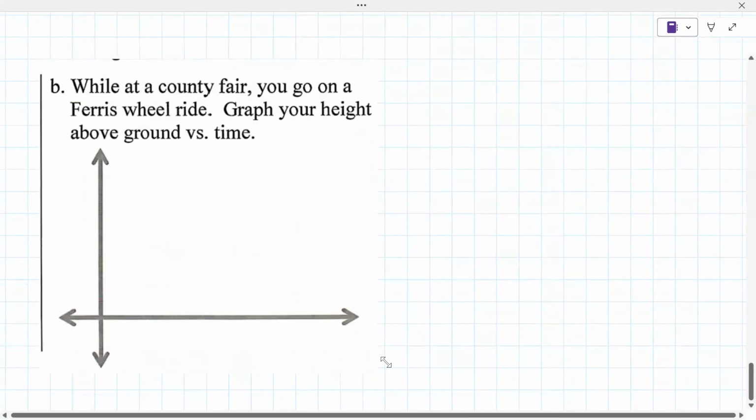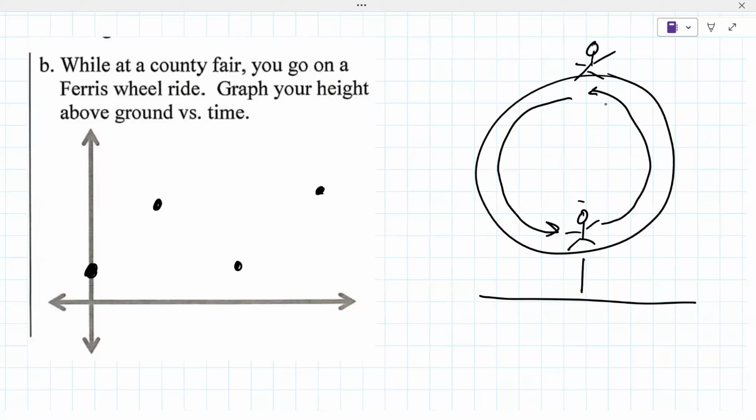And then what happens? You go back down. And then what happens? You go back up, and then you go back down. Now, I don't remember if you did sine, cosine, tangent graphs in your previous class, but that is what's going on here.